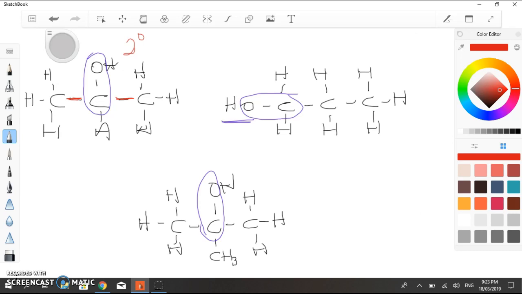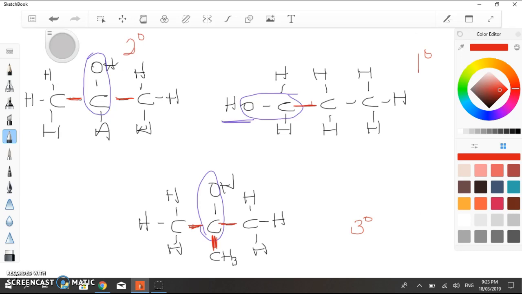If we move along to the next one, we can see that this carbon has just 1 carbon attached to it, so this is a primary alcohol. And if we look at the bottom one, you can see that that carbon, circled in blue, has 1, 2, 3 carbons attached to it. So that is a tertiary alcohol.